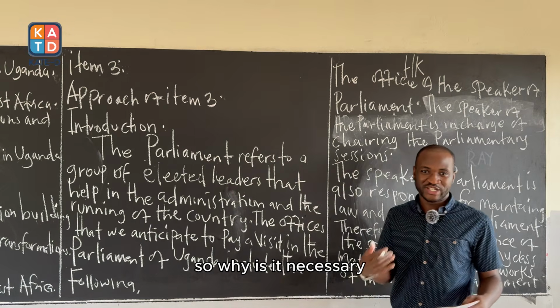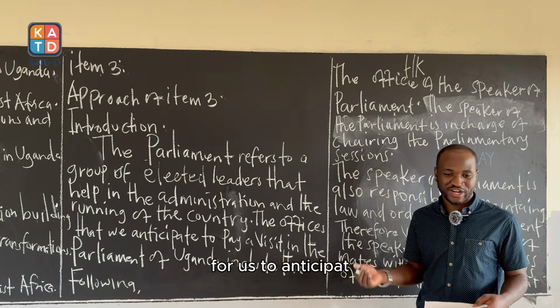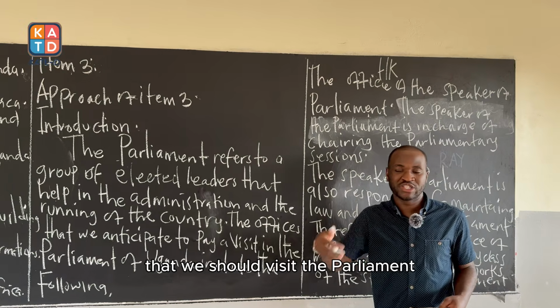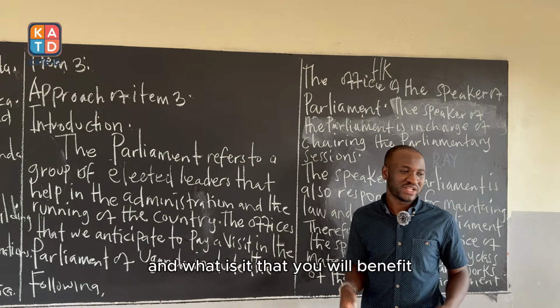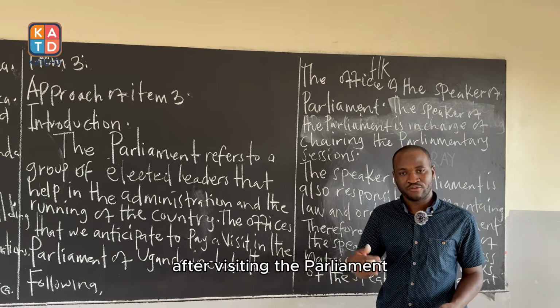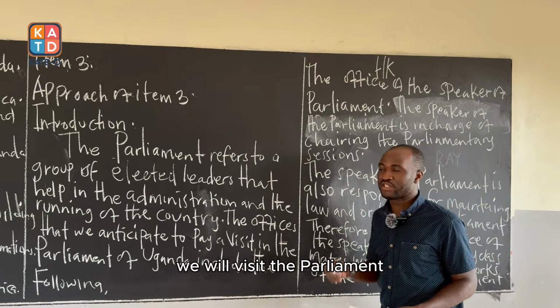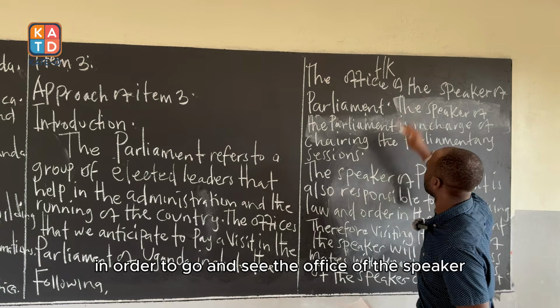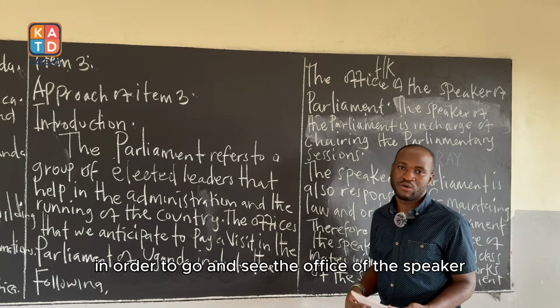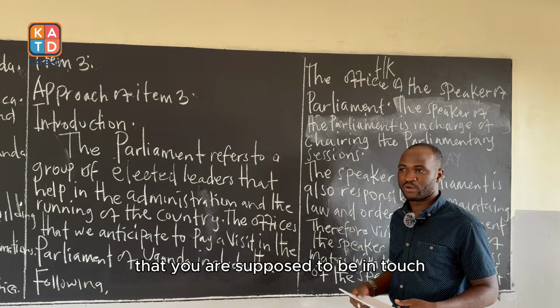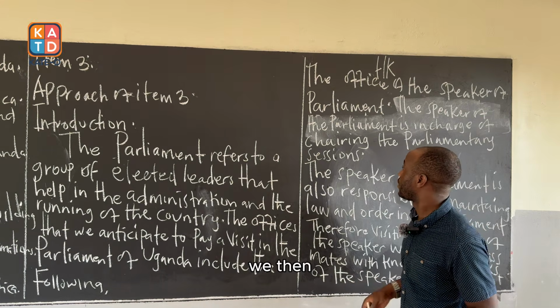So why is it necessary for us to anticipate that we should visit the Parliament? And what is it that we will benefit after visiting the Parliament? So we have said we will visit the Parliament in order to go and see the office of the Speaker of Parliament. That is the number one office that we are supposed to be in touch with.